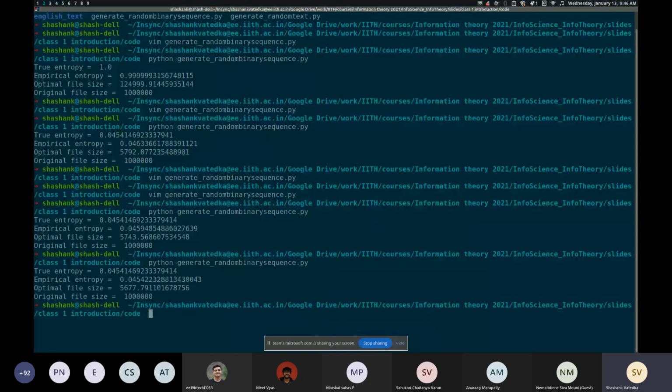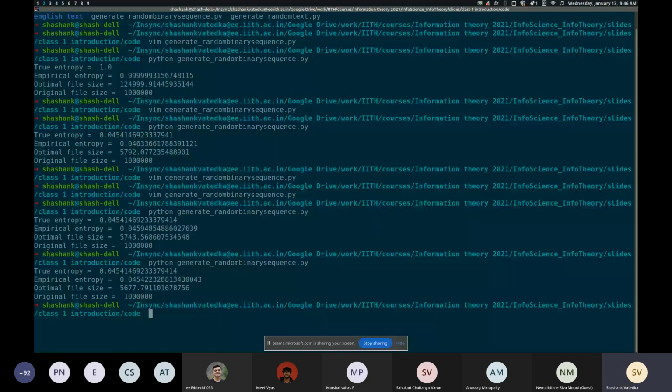Anyway, let me not do it myself, but you can try writing a code of this form: generate random bits and write them into a file, play around with the value of p and see what compressed file sizes you get.